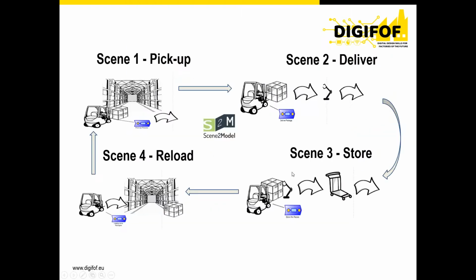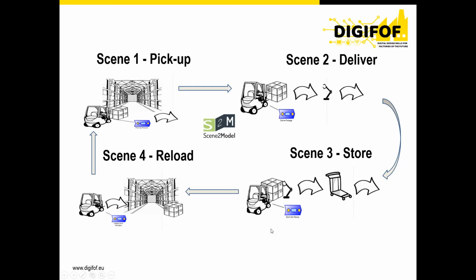For my project, I needed 4 scenes. The first scene is where the robot is loaded with the pieces, and the second one is when the robot transfers the pieces to the robotic arm, where the parts will be separated.